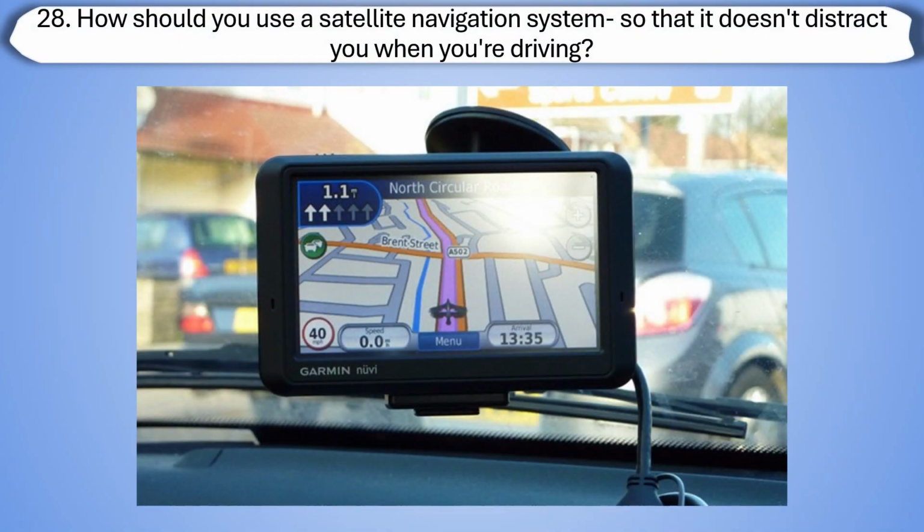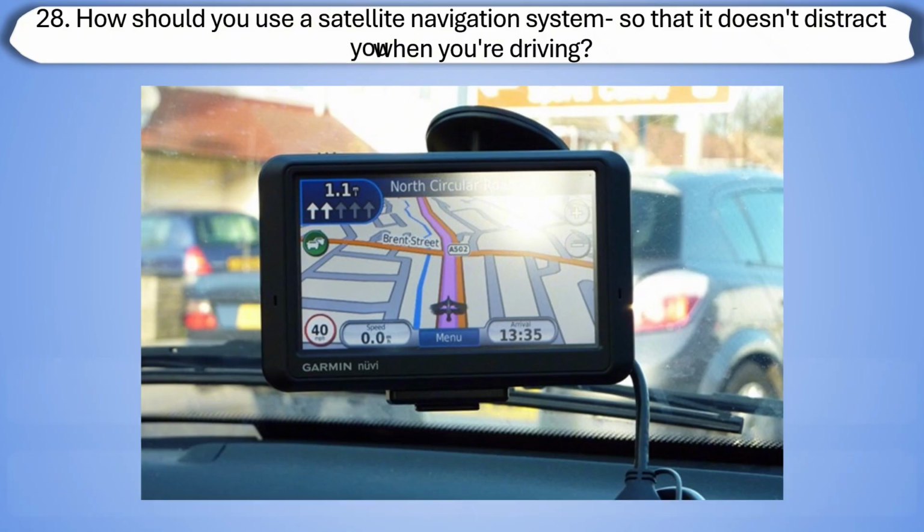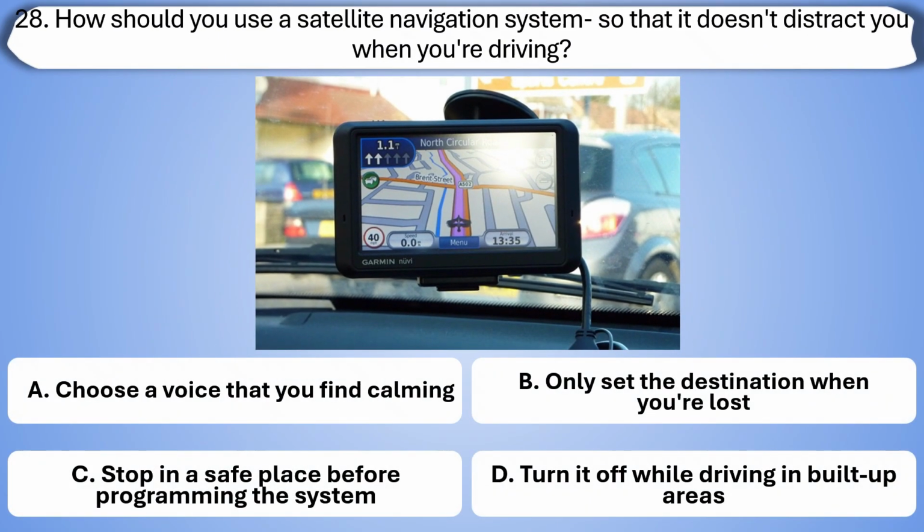28. How should you use a satellite navigation system so that it doesn't distract you when you're driving? A. Choose a voice that you find calming. B. Only set the destination when you're rushed. C. Stop in a safe place before programming the system. Or D. Turn it off while driving in built-up areas.